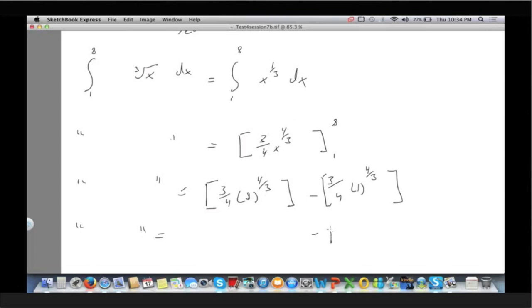Simplify further. So 3 divided by 4 times 8 raised to 4 over 3. That's 12 minus 3 fourths.